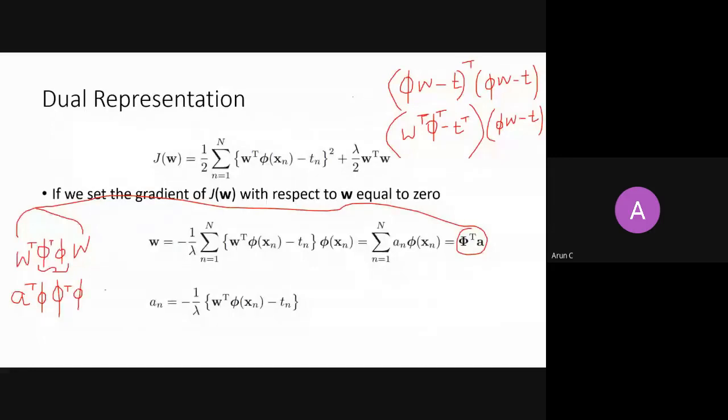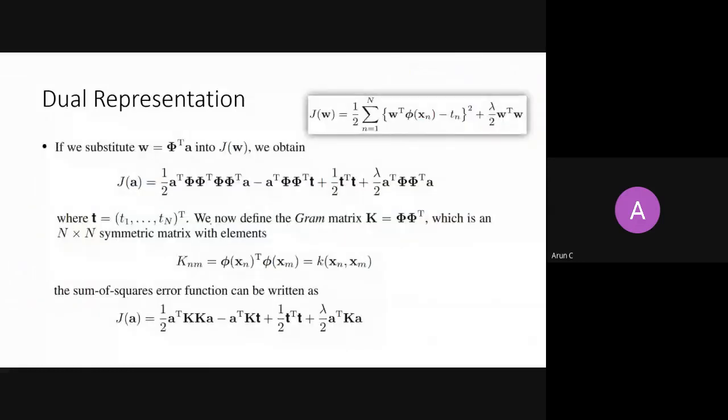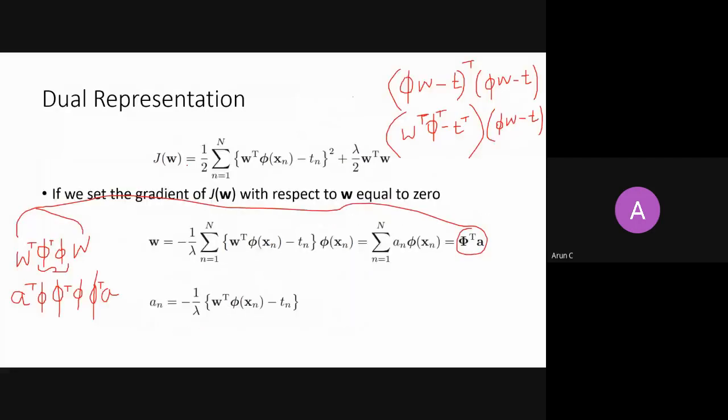And this W again. So W is phi transpose A. Phi transpose A. So this is what we get. This is the first expression here, right? Same thing, right? Now you just do it on your own.